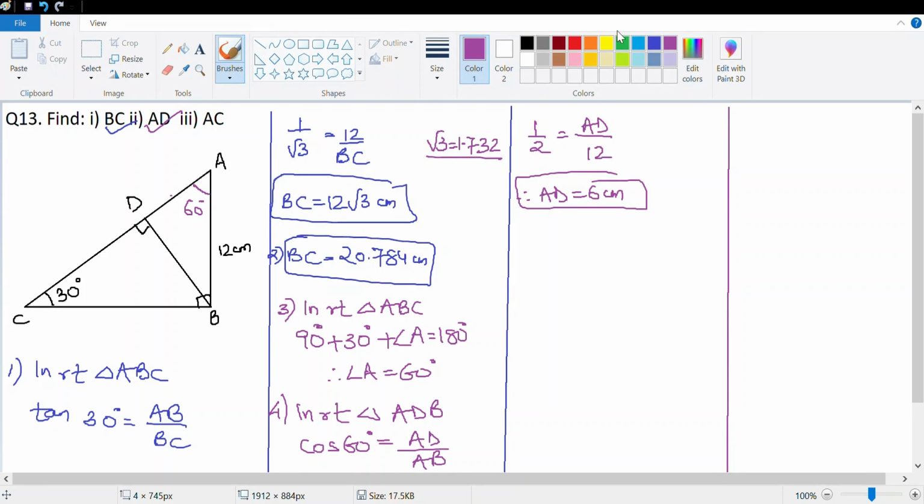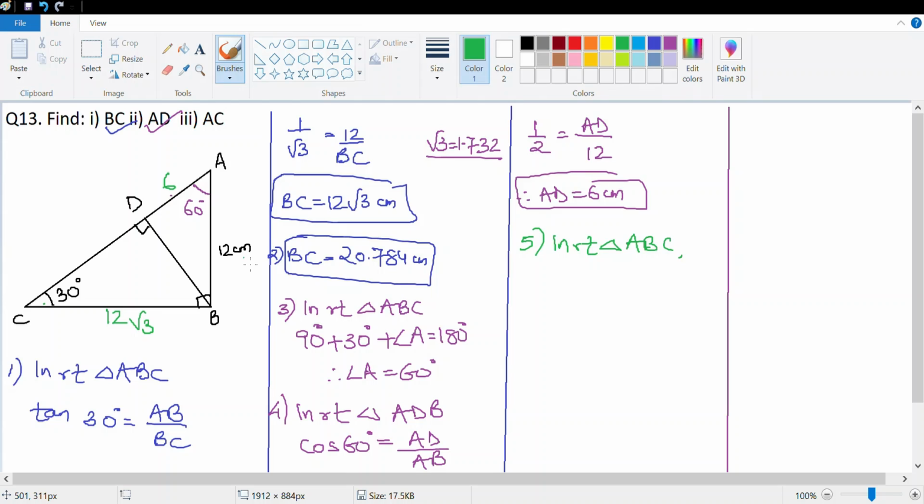Let's look at the last part of the question, which is AC. So AD is equal to 6, and we got BC as equal to 12 root 3. Next, we need to find AC. So we are again looking at the big triangle ABC. So point number 5, in right triangle ABC, I have reference angle 30 degree.